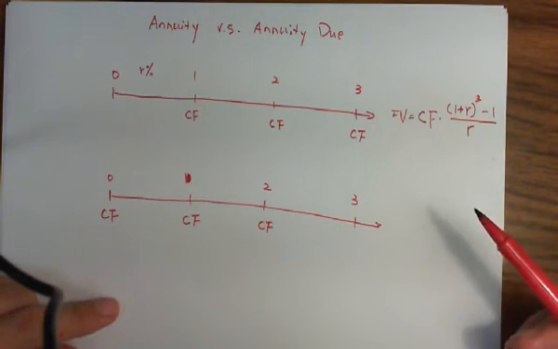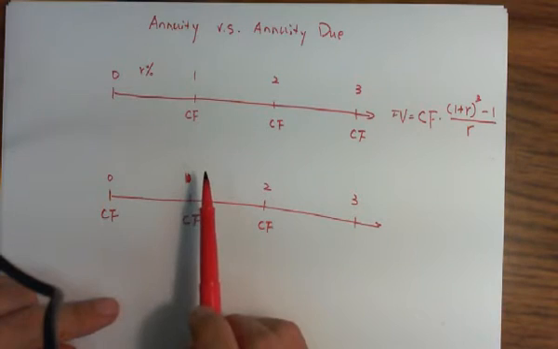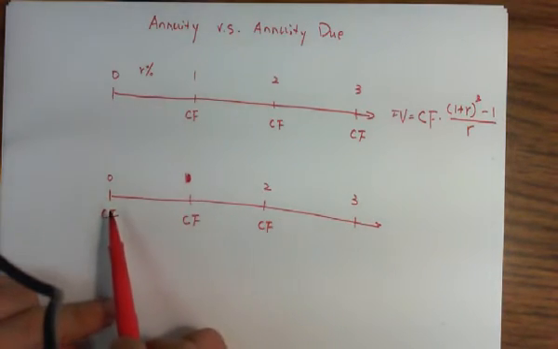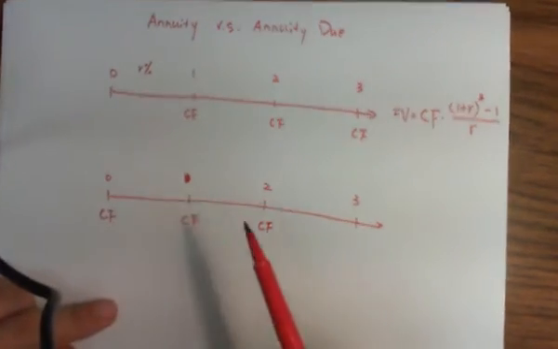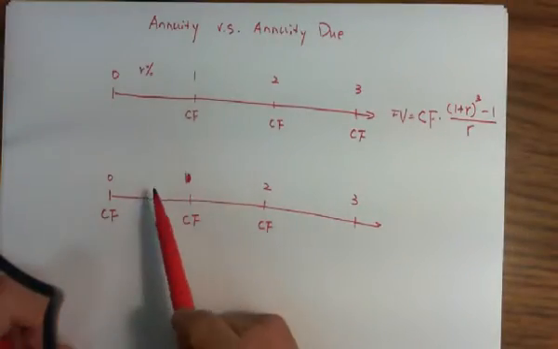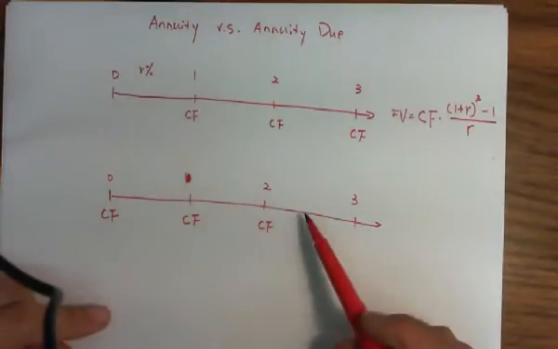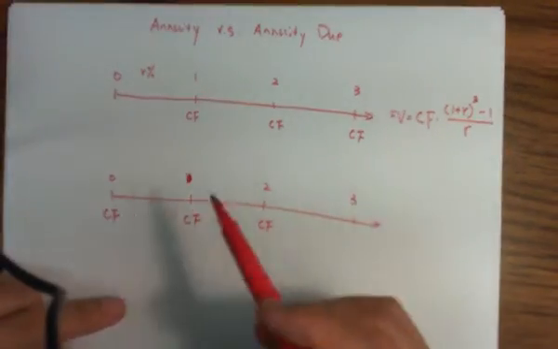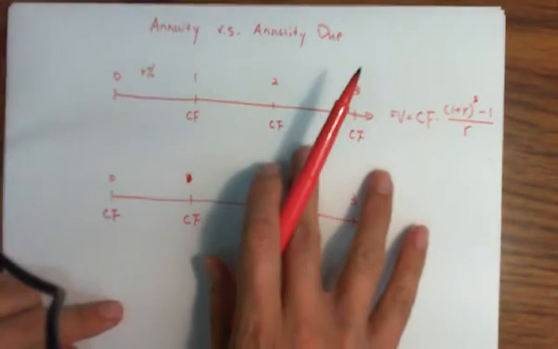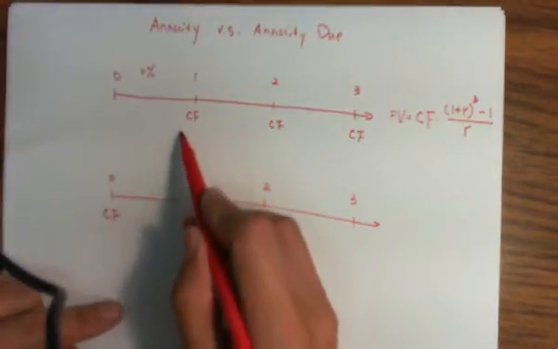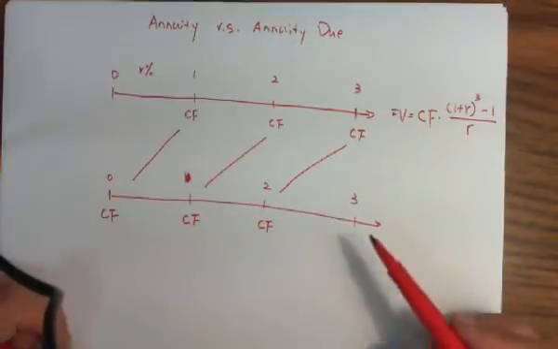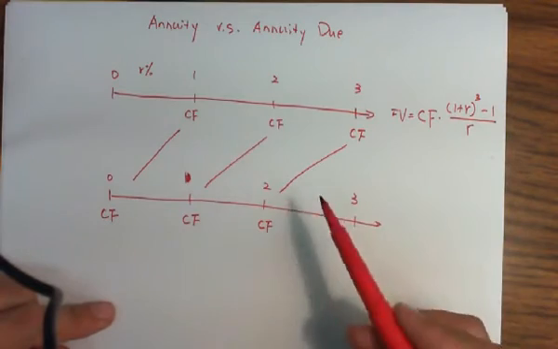The implication is that today's dollar is more valuable than the future's dollar, or the future's dollar is less valuable than today's dollar. If you look at the two timelines, the only difference is the cash flows are shifted from the end to the beginning. So, if you want to link corresponding cash flows, you can do something like this.